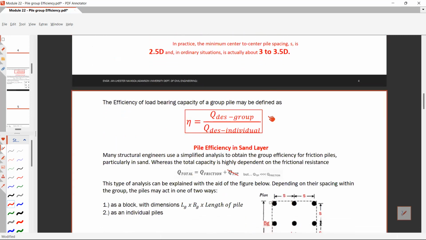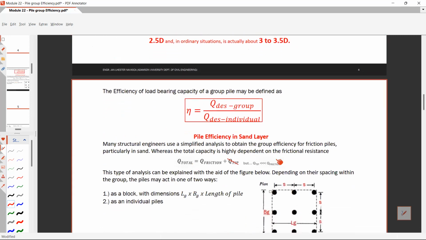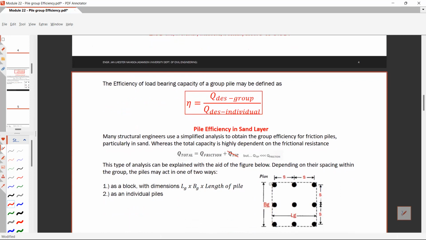Okay, so the efficiency of the load bearing capacity of a group pile may be defined as this equation. So we have this equation mu is equal to the ratio of the Q design in group and the Q design individual. Your Q design in group is the designing strength capacity acting when the piles are acting as a group.